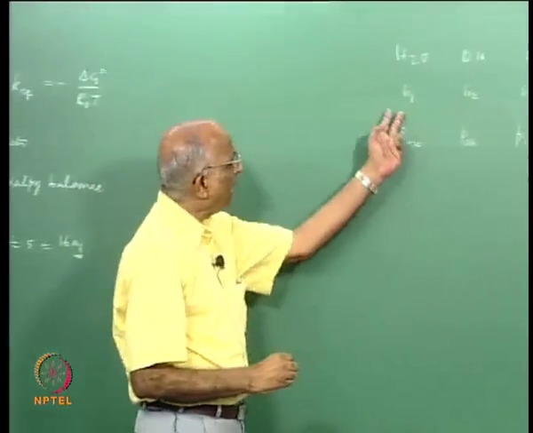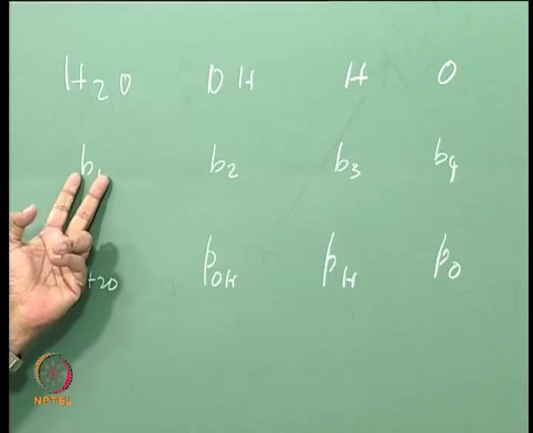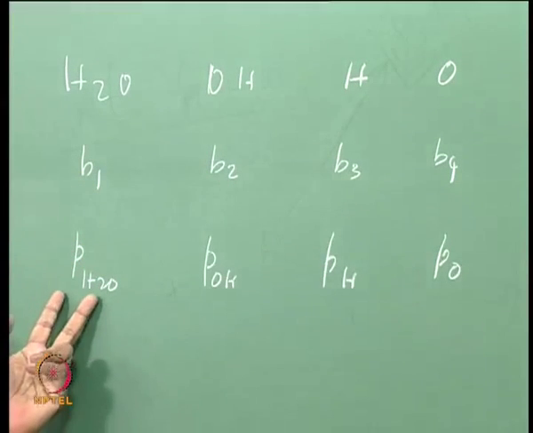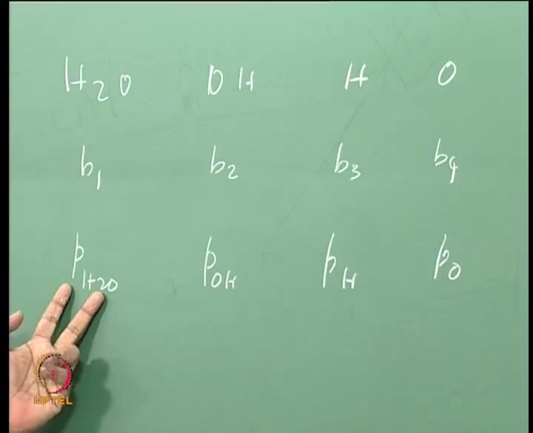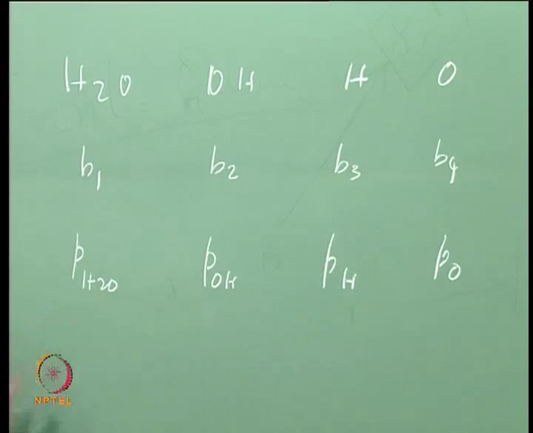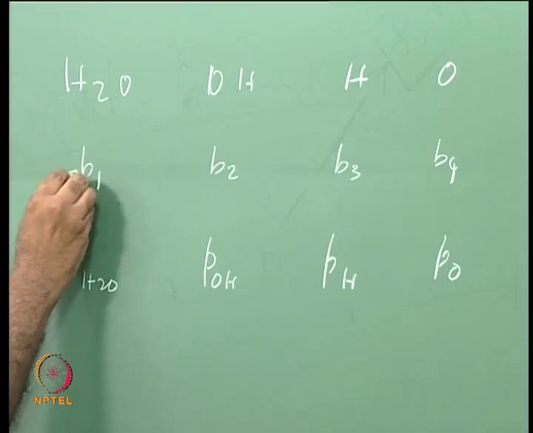Now, I have the atom balance equation in terms of B1, B2, B3, B4, but I have equilibrium relations which gave me results in terms of partial pressure. How do I convert P in terms of B1?